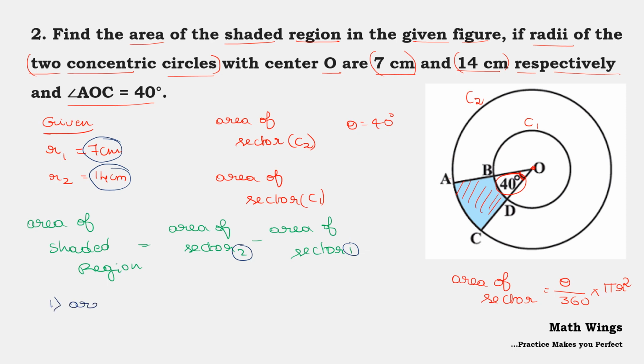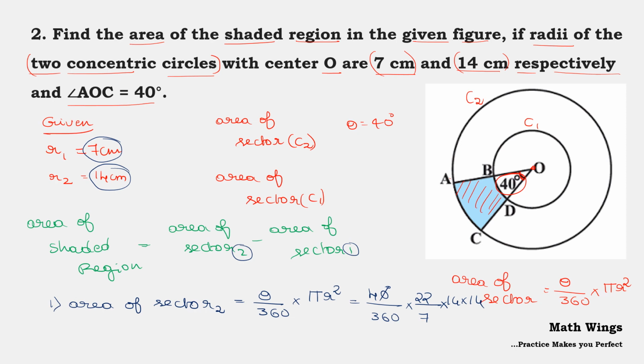Area of sector 2 is equal to theta by 360 into pi r square, which is equal to theta here is 40 degree divided by 360 into 22 by 7 into r here is 14, so I can write 14 into 14.